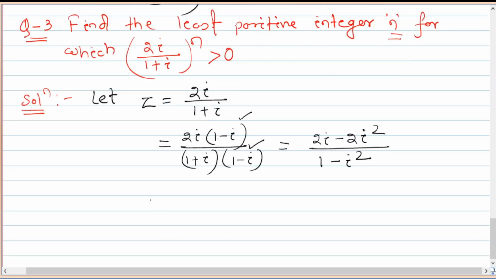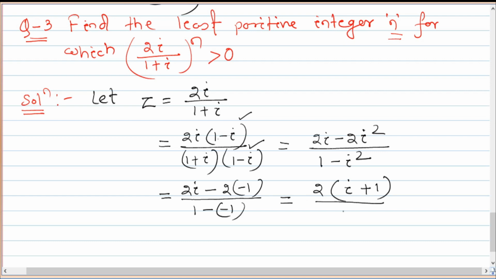Now 2i keep it the same, 2 into i square is minus 1, as we have already found, divided by 1, i square is minus 1, so minus 1 plus 1 is 2. Taking 2 as common, we are left with (i plus 1) divided by 1 plus 1, that is 2. So this is nothing but 2 into (i plus 1) divided by 2. 2 cancels, so we are left with i plus 1.